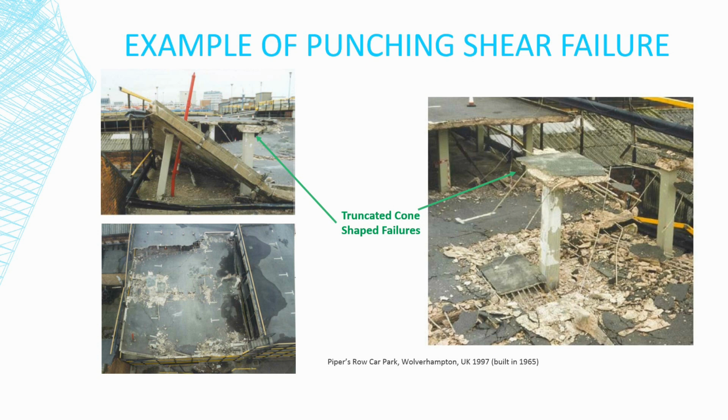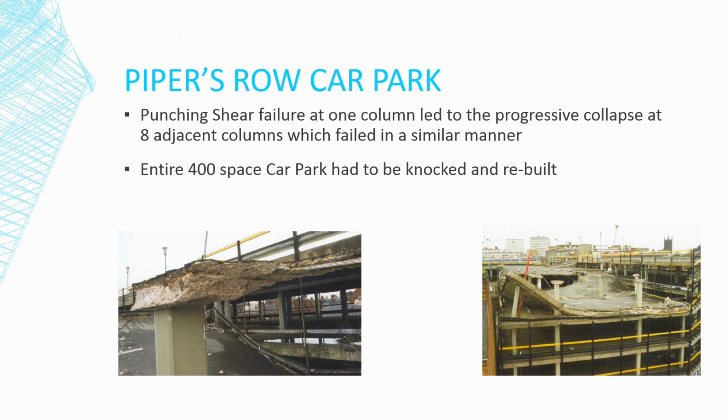Freeze-thaw action and poor waterproofing allowed water to seep into the concrete and caused corrosion of the reinforcement due to carbonation. The combination of reduced slab depth and loss of steel to concrete bonds brought about a column to fail in punching shear, which sparked 8 other columns supporting the floor slab to fail in a similar manner. Thankfully, despite being open at the time, the car park was empty.